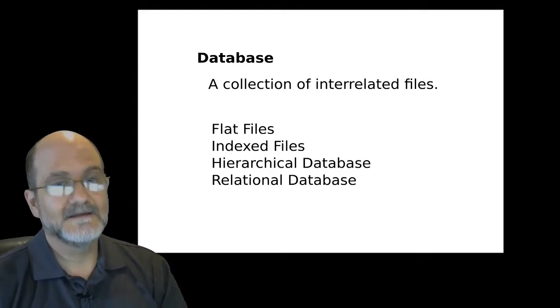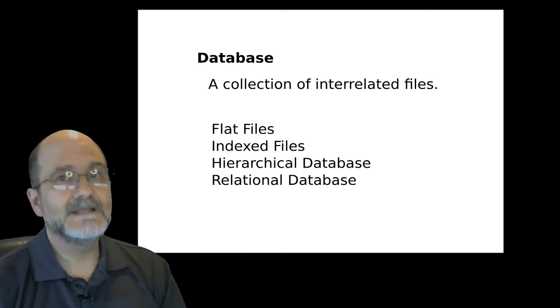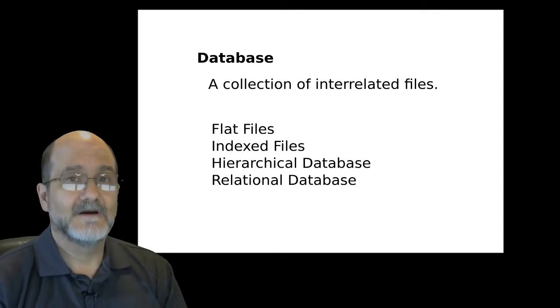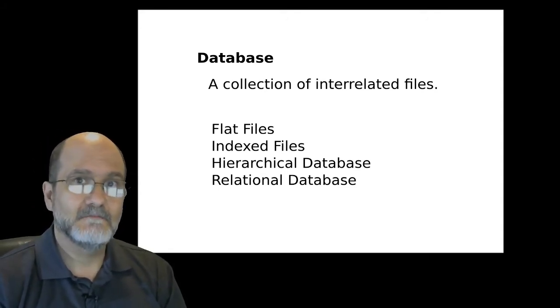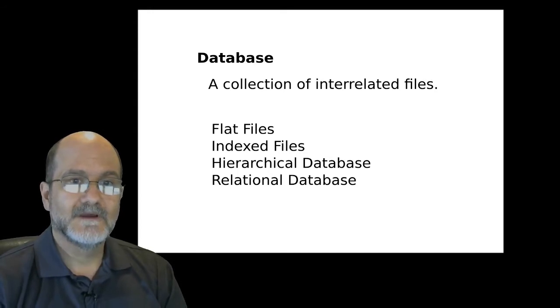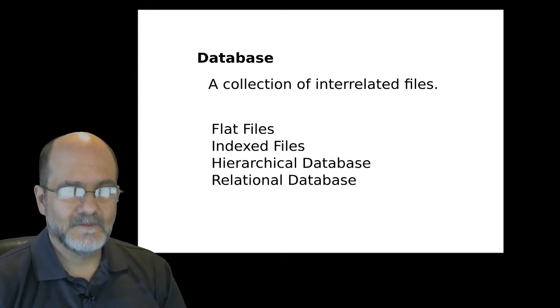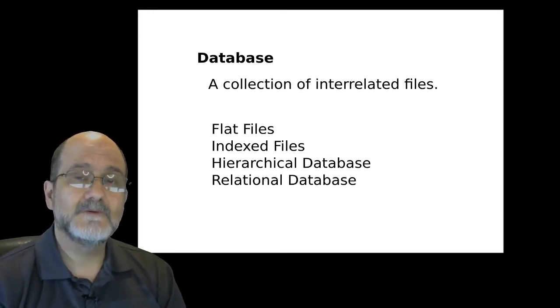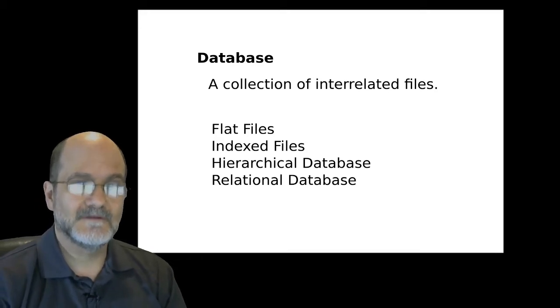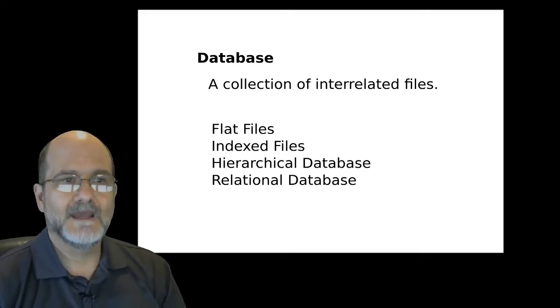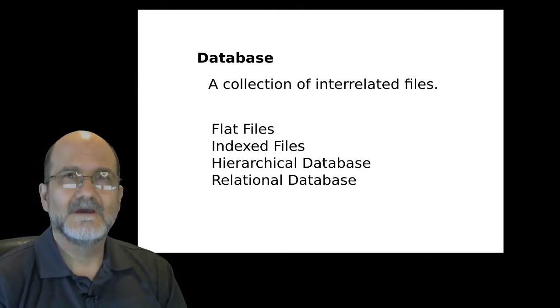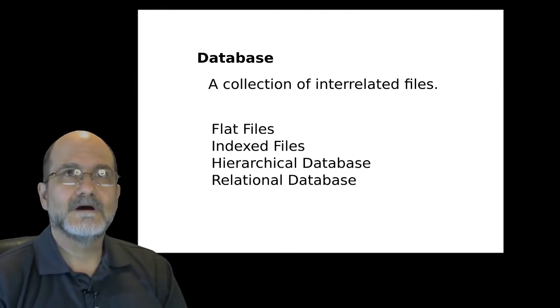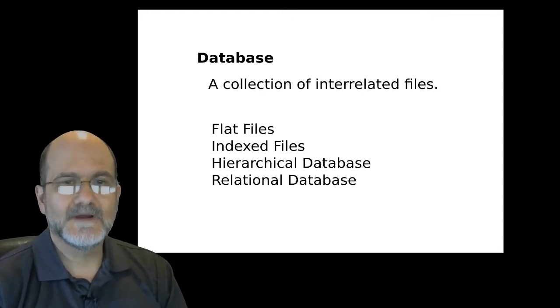But then they came up with this idea called index files. Index files have a key value that allows the computer to jump directly to, or really close to, that record, so that the seek time and processing time is much faster, and allows for data interaction in a more random order.